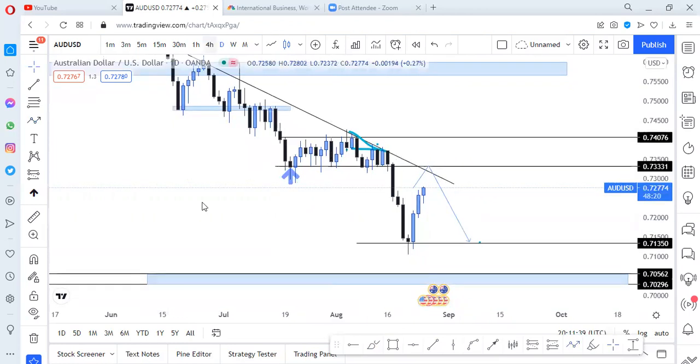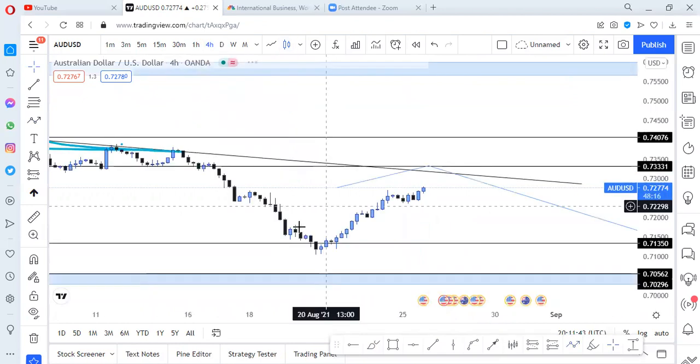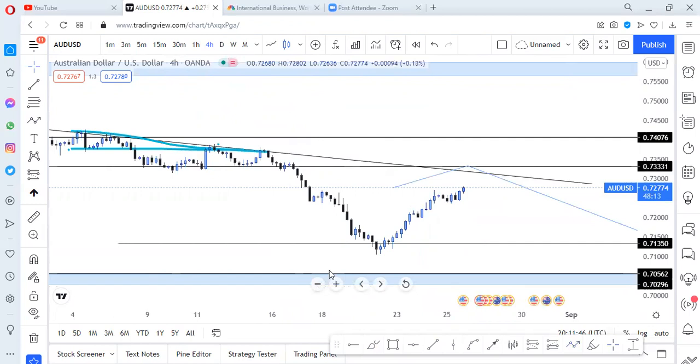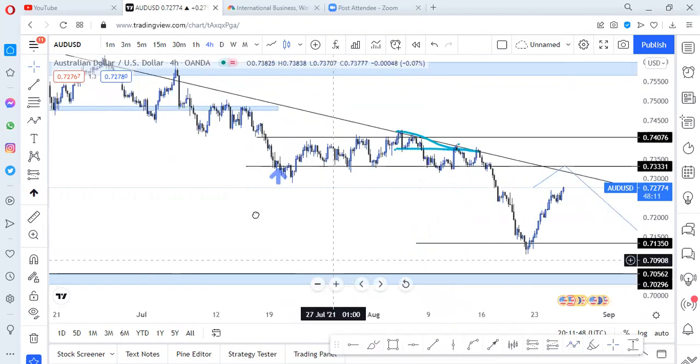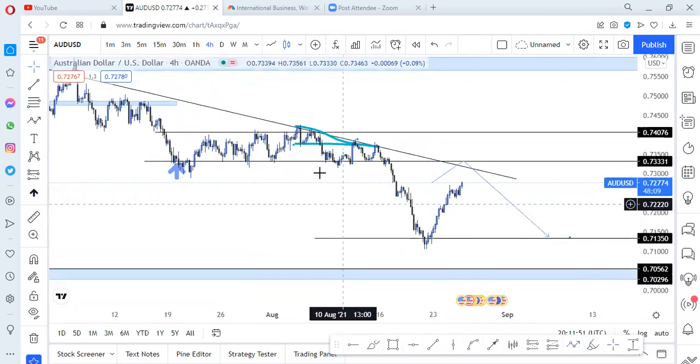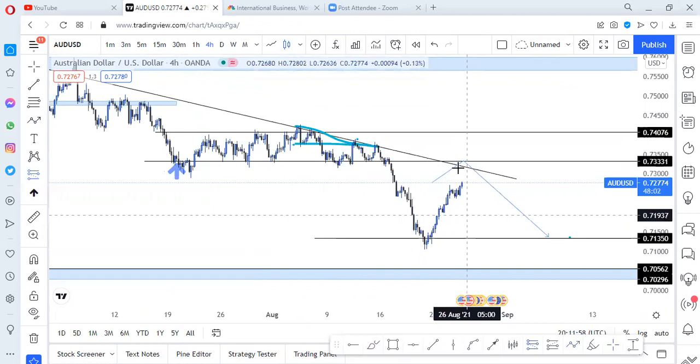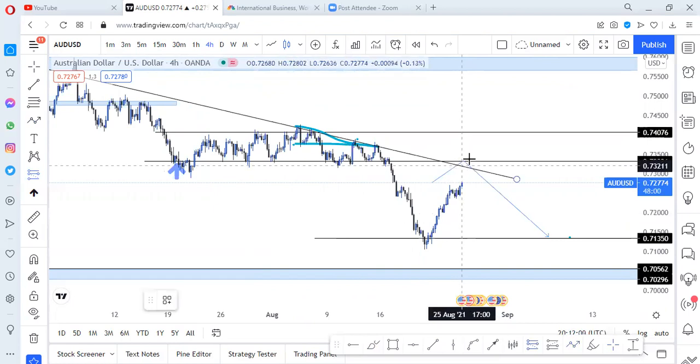So let's use the 4-hour chart and see what's going on. We can see the same thing on the 4-hour chart, right? We are actually experiencing the same thing on the 4-hour chart. So now we are expecting price to come to this level, and any trader can take this position with pride.